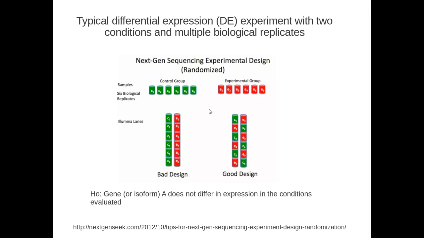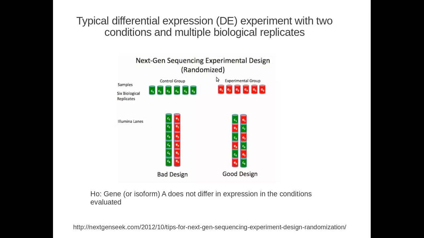I thought I'd also point out replication, with biological replication in each condition. And then I should point out that we have to take into account this important concept of randomization throughout the entire preparation of the libraries and sequencing step.